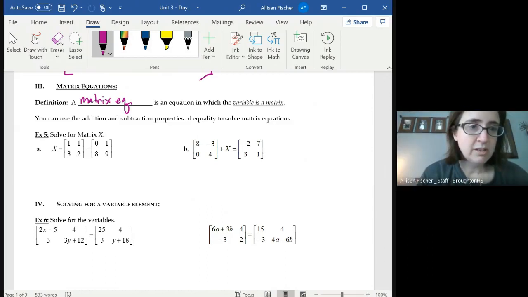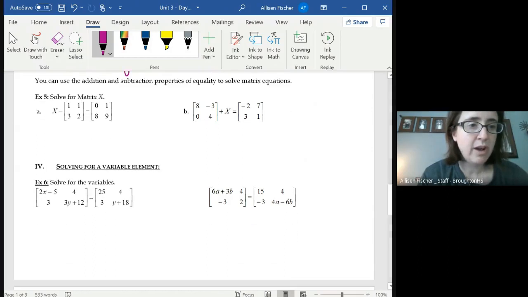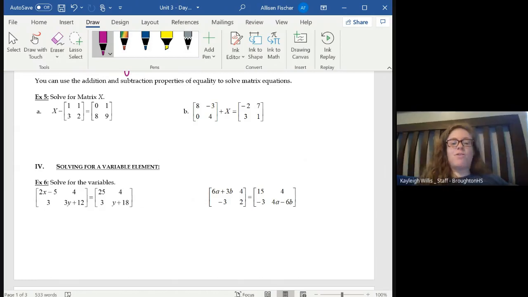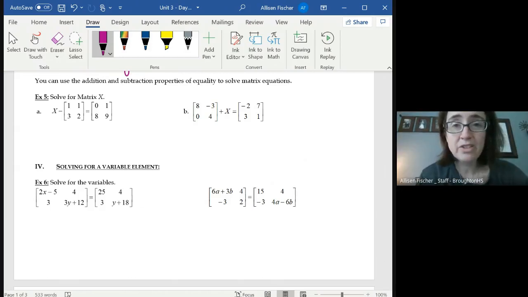All right, so we can use addition and subtraction properties to help us solve for a matrix equation. So if you look at example 5, it says solve for matrix X. So note, in this problem, our unknown is a capital letter. What does it mean if we have a capital letter? We're finding a whole matrix, not just an element.